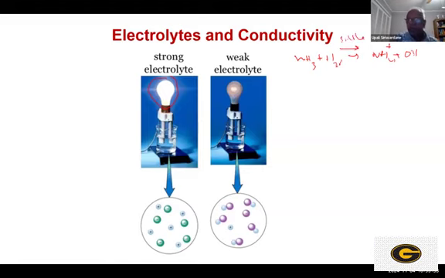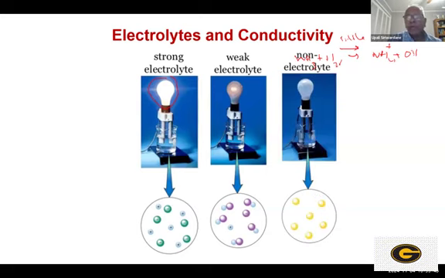Therefore, fewer ammonium ions are there. Acetic acid is also classified as a weak electrolyte. For non-electrolytes, no ions are formed. Therefore, sugar and most organic compounds don't have ions in the solution, so they are called non-electrolytes.